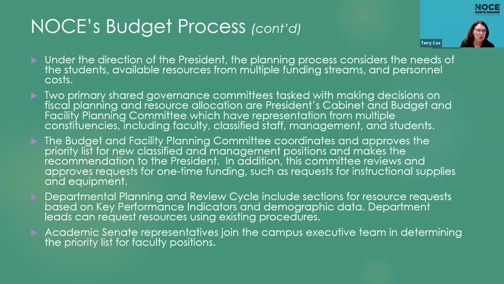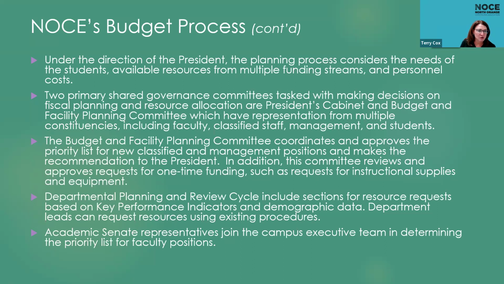And so these two committees, again, it's a shared governance, so it includes faculty, classified staff, management, and students. And so the Budget and Facility Planning Committee coordinates and approves a priority list for new classified and management positions. And then we make a recommendation to the president.